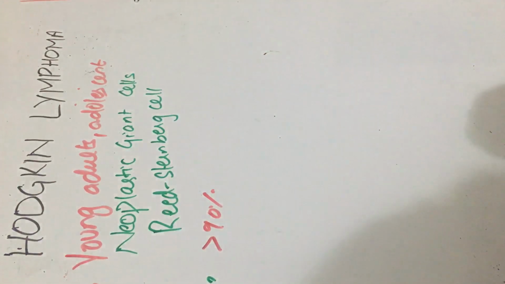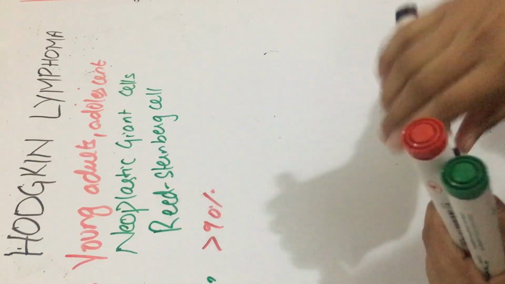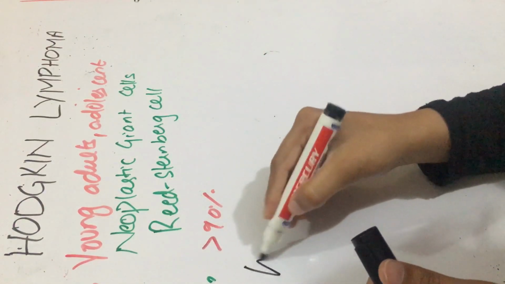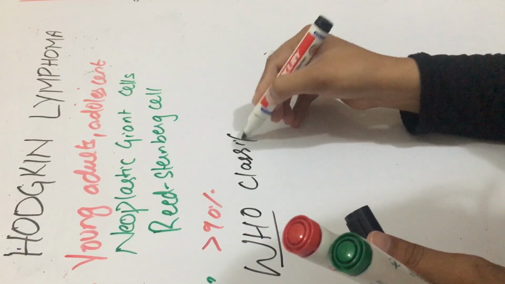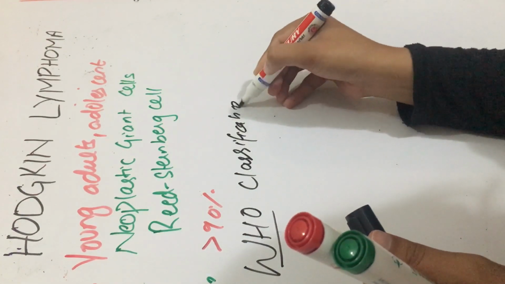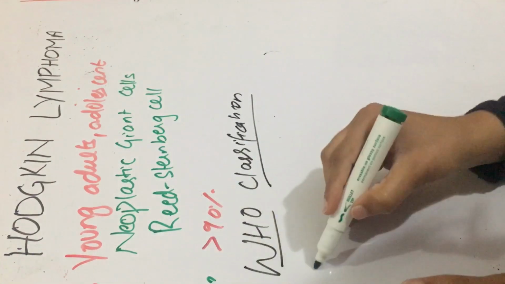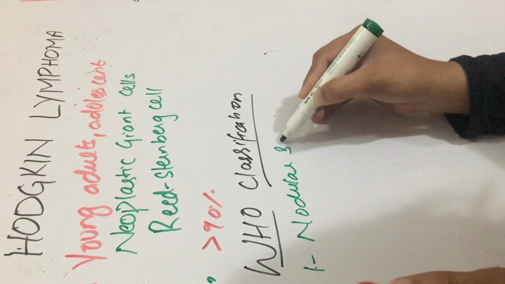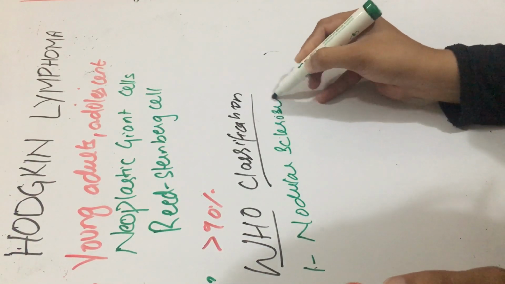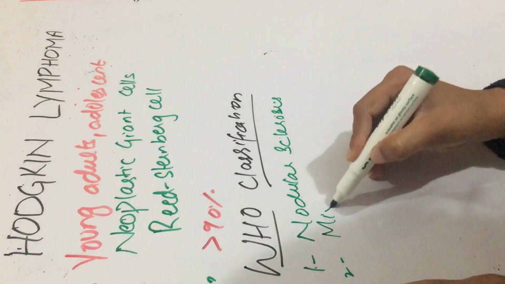Now we discuss the WHO classification of Hodgkin lymphoma. There are 5 subtypes of Hodgkin lymphoma. The first is nodular sclerosis. The second is mixed cellularity.